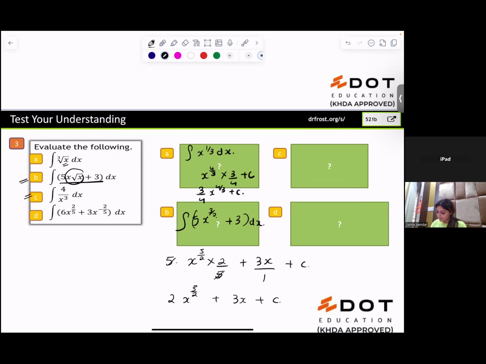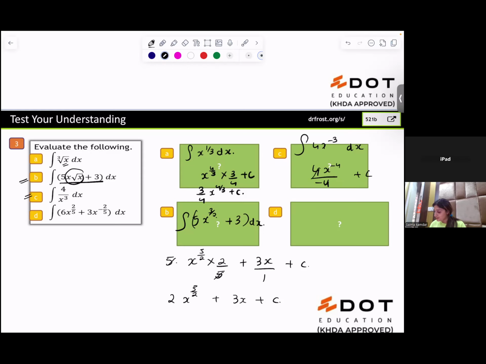Over here, first I have to make it into the index form. So it becomes 4 x raised to minus 3 dx. Add 1 to the power divided by the new power plus c.